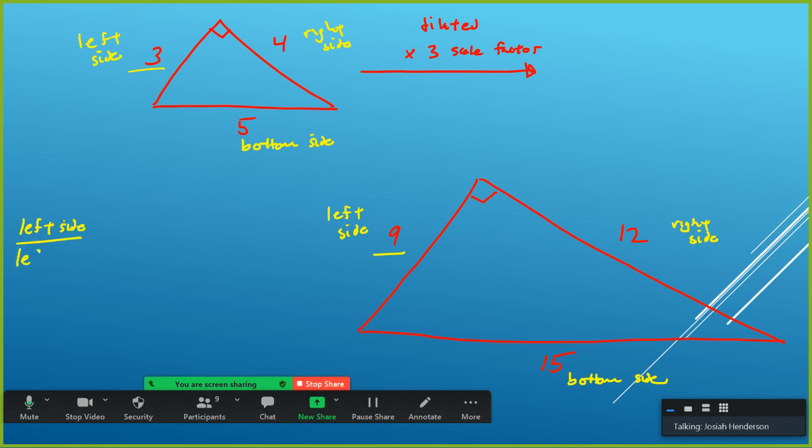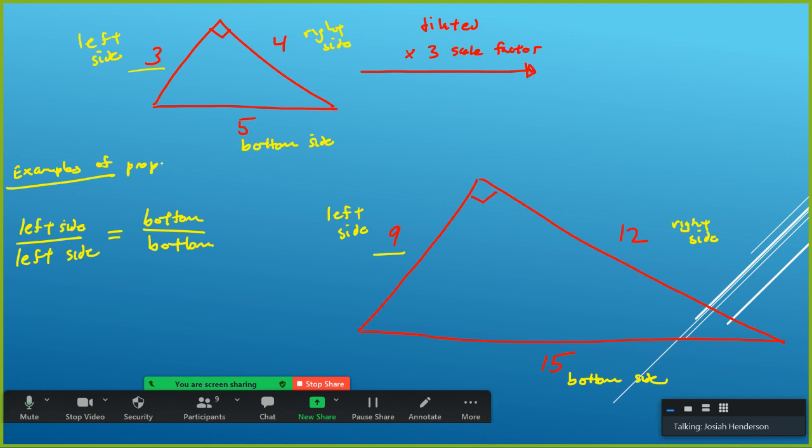What I mean by that is left side of the first triangle over left side of the second. This is equal to the bottom side of the first triangle to the bottom of the second. We could also use the right side to right side if we wanted to. So think of this as some examples of how to start proportions.